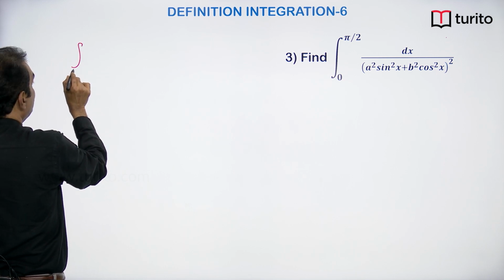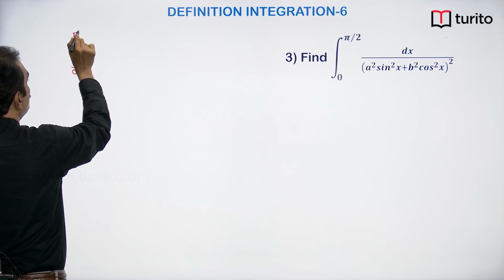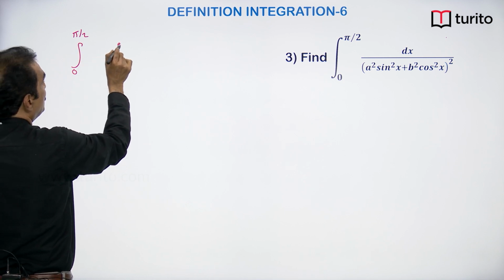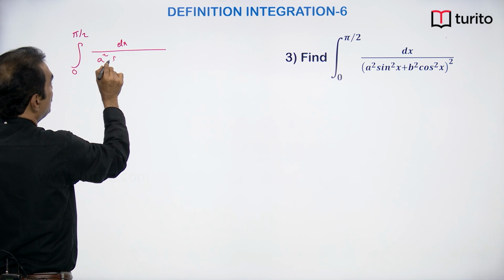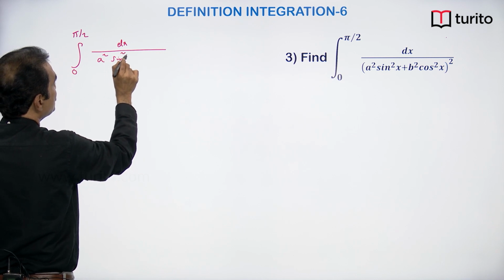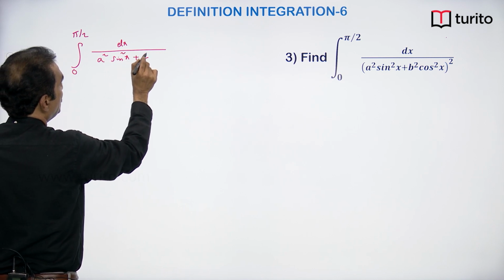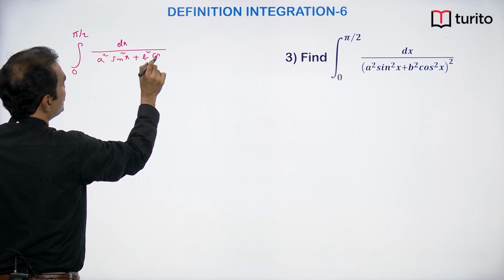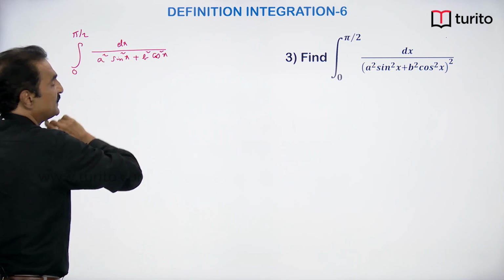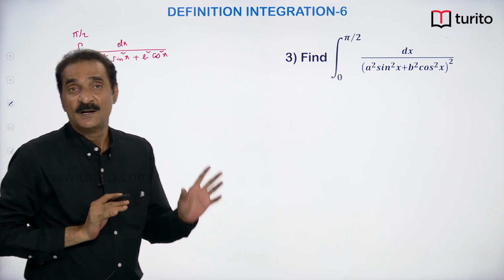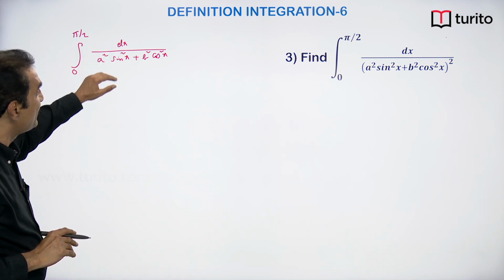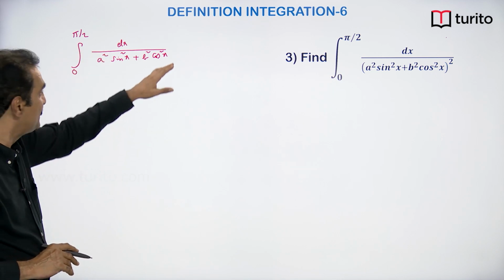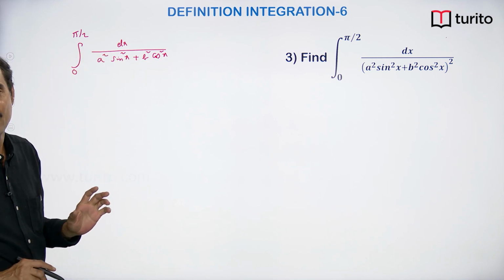Integral 0 to pi by 2 dx by a square sin square x plus b square cos square x. We have solved or not? How did we solve? Multiplying and dividing by secant square x or taking cos square x common from the denominator.